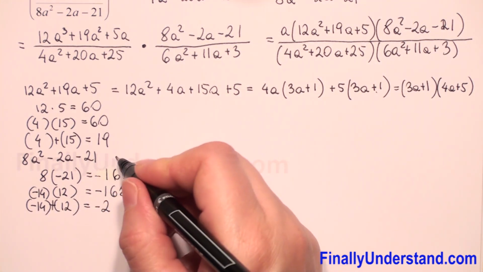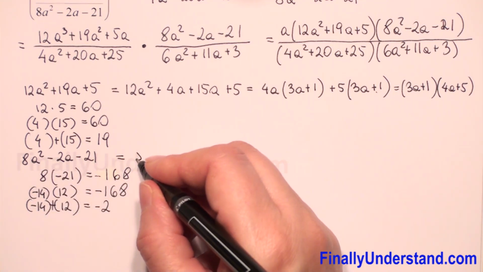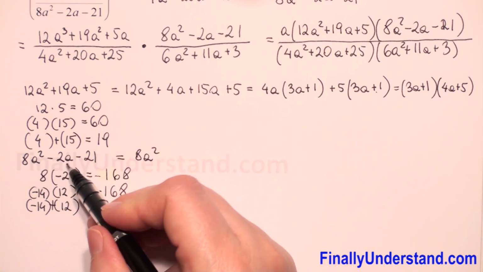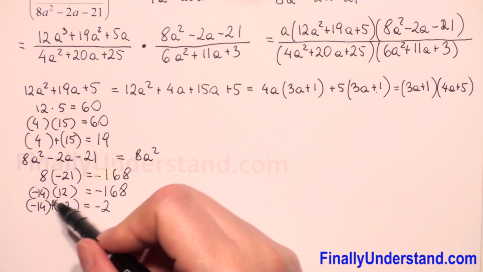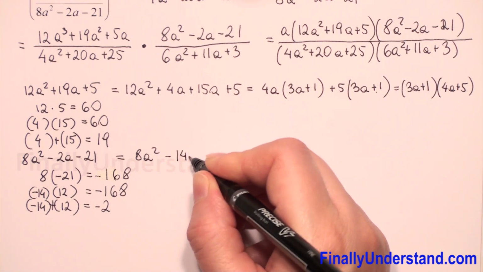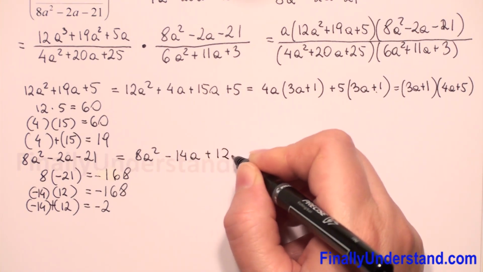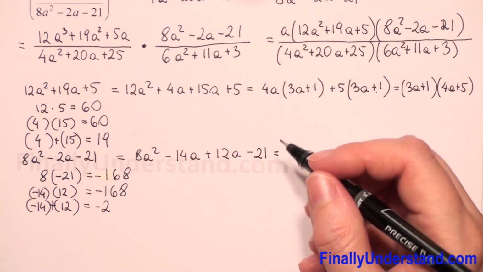So now we can rewrite our quadratic trinomial. The first expression we copy, and negative 2a we now rewrite using these two numbers which we found. So it will be negative 14a plus 12a minus 21. So this is equal.